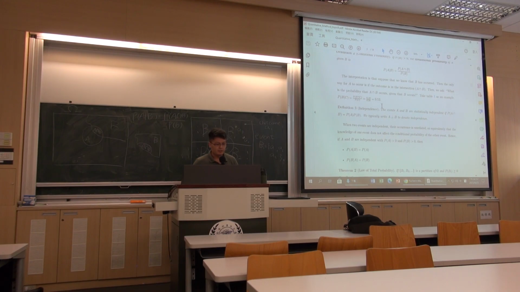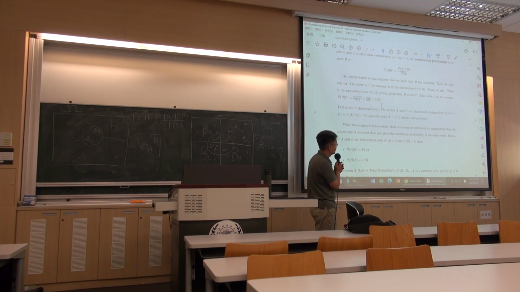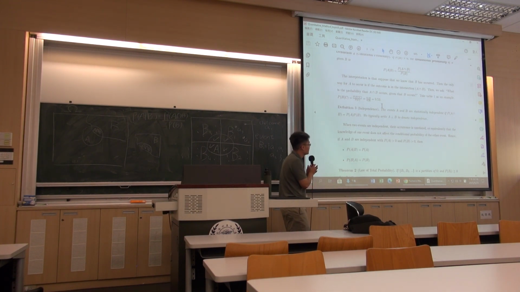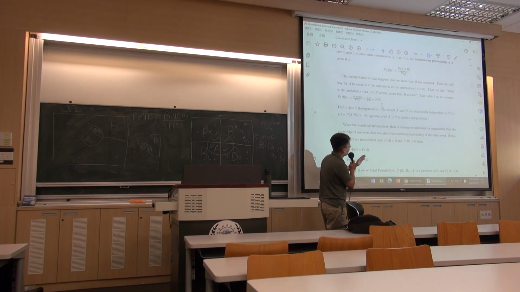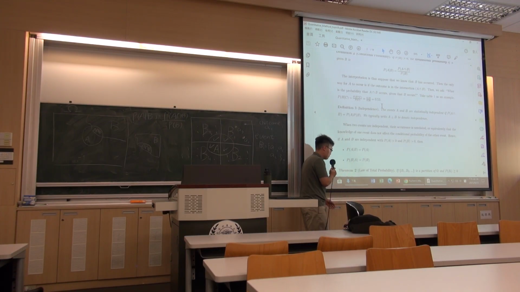And then independence. Okay, so when event A and event B are statistically independent, that means the probability of the intersection of these two events is actually the multiplication of these two probabilities.